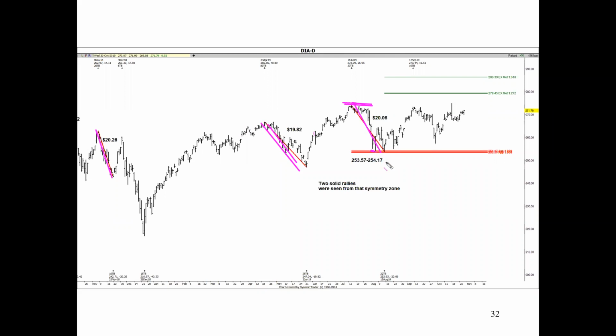It was tested once, tested twice, came back and retested it a third time. And this chart doesn't do it justice because it went way beyond the upside targets. But again, simple symmetry to help you get in, in the direction of actually the larger trend in this case.